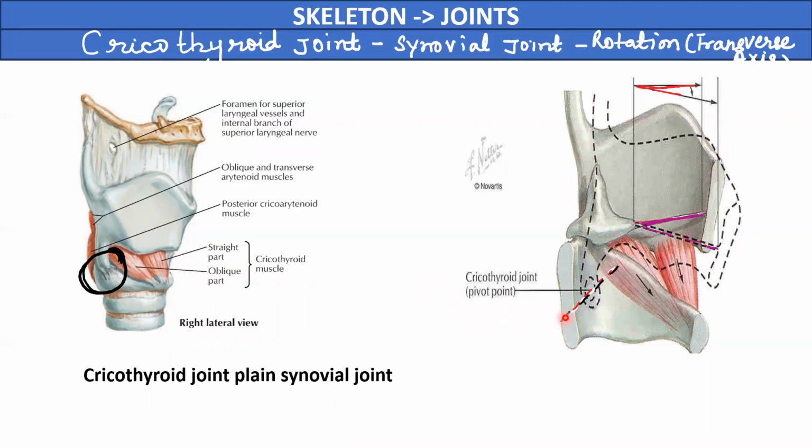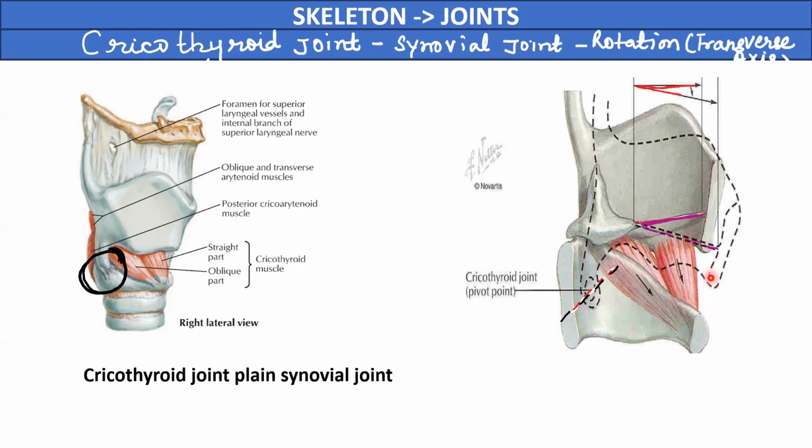As we see in this second diagram, the transverse axis of the cricothyroid joint will pass through both the cricothyroid joints, and this rotation will tilt the thyroid cartilage towards the cricoid cartilage, and this will decrease the distance between the thyroid and the cricoid cartilage.